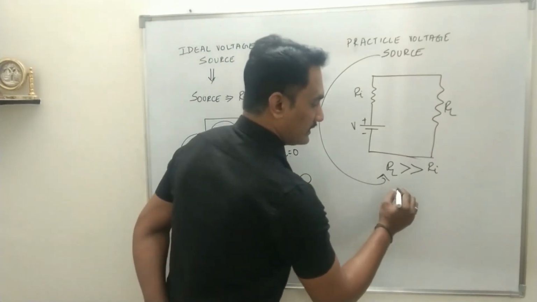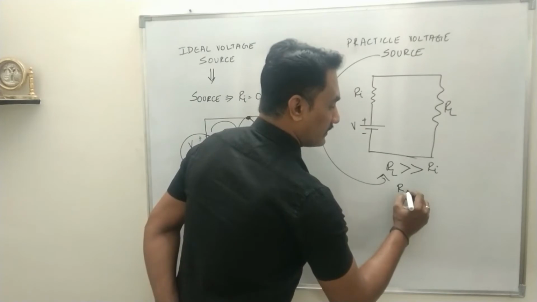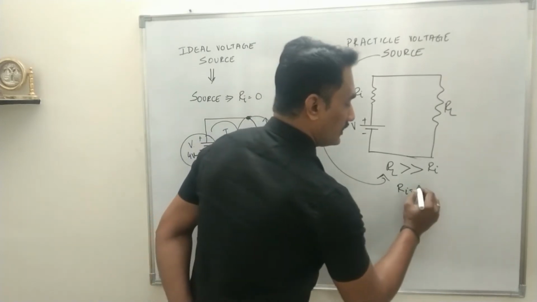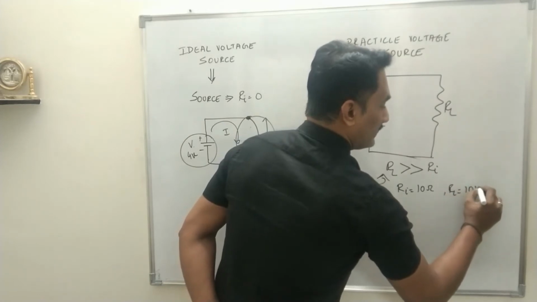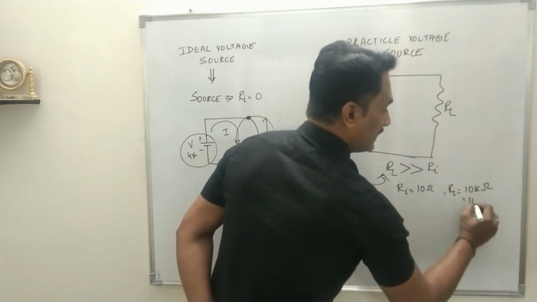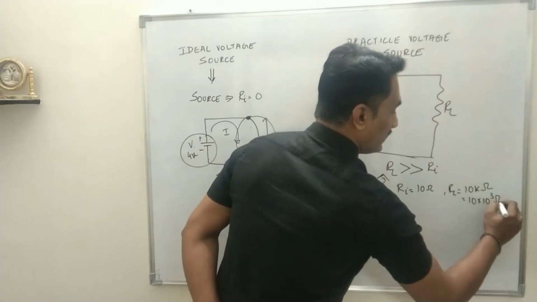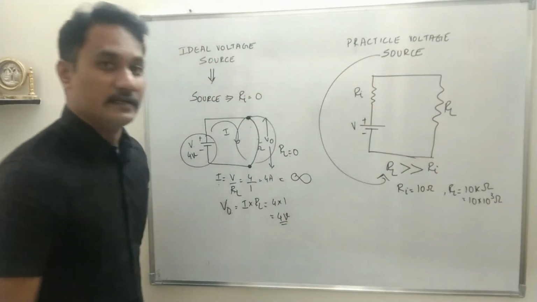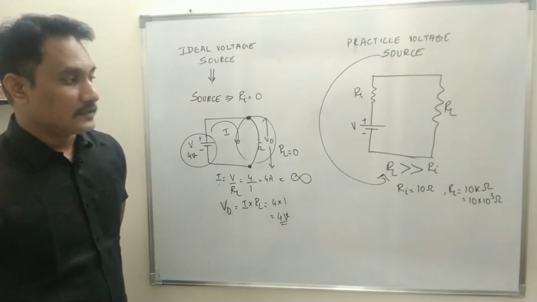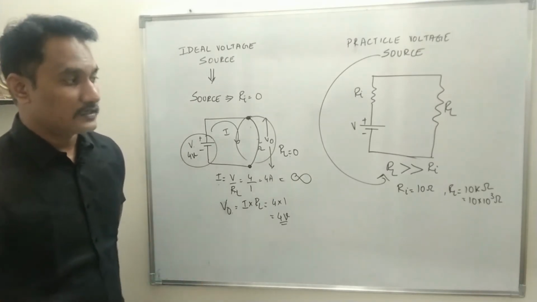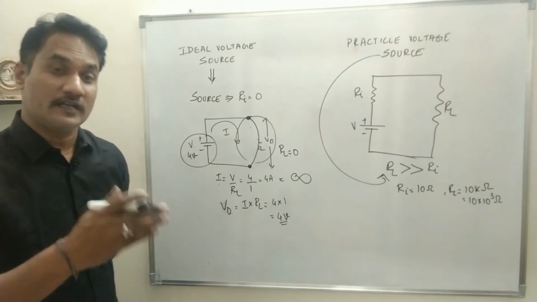Let us take an example and try to understand. Ri is equal to say 10 ohms and RL equals to 10 kilo ohms, that means 10 into 10 to the power 3 ohms. तो ये कंडीशन है हमारी, ठीक है, कि Ri is equal to 10 ohms and RL is equal to 10 into 10 to the power 3 ohms.